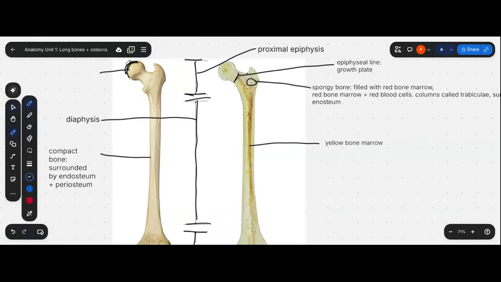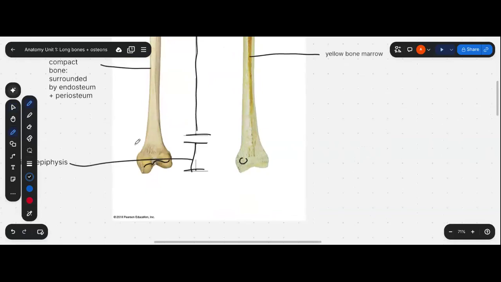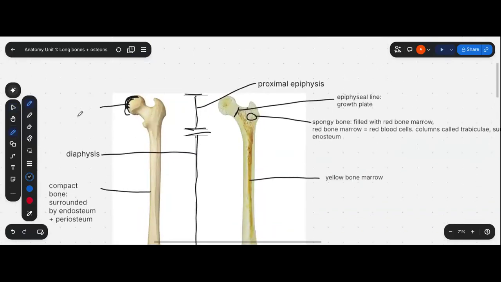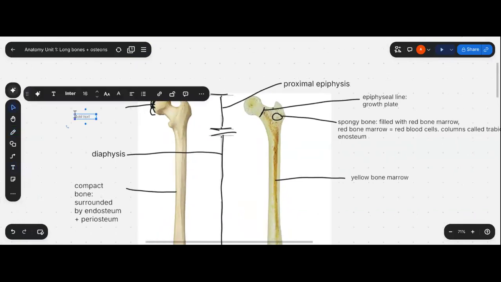Now, over here on the ends of the epiphyses, so on the proximal and distal epiphyses area, you are going to have articular cartilage. Articular cartilage is basically going to cushion your bones, and it's going to help reduce the friction between bones.